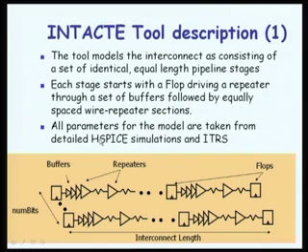forth. All parameters for the model are taken from detailed HSPICE simulations. So, we simulate each of these in a very detailed device level manner, and then use very realistic parameters for these buffers, repeaters, flip flops, etcetera.